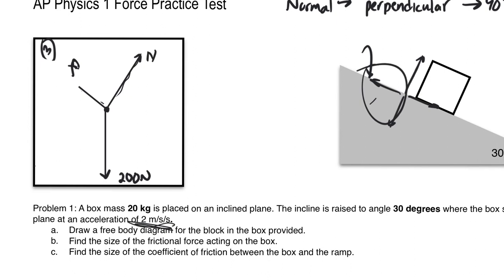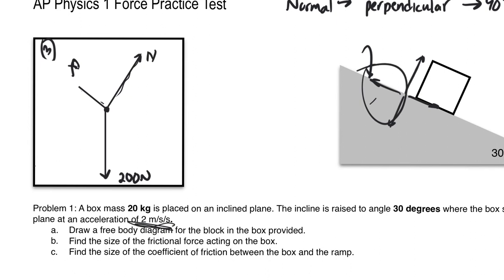Yeah? For the free body diagram, would it be wrong if you were to call it equal to a line? I don't understand the question. Do you have a picture in front of you that I could look at?